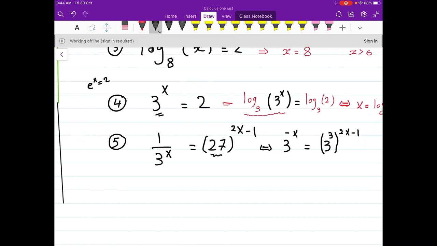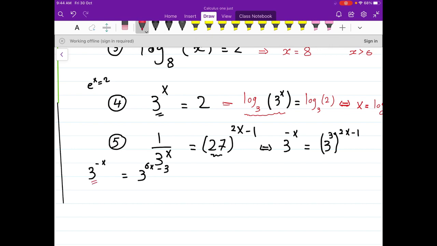Okay, so 3 to the power minus x equals, we multiply 3 by 2x minus 1, 3 to the power 6x minus 3.